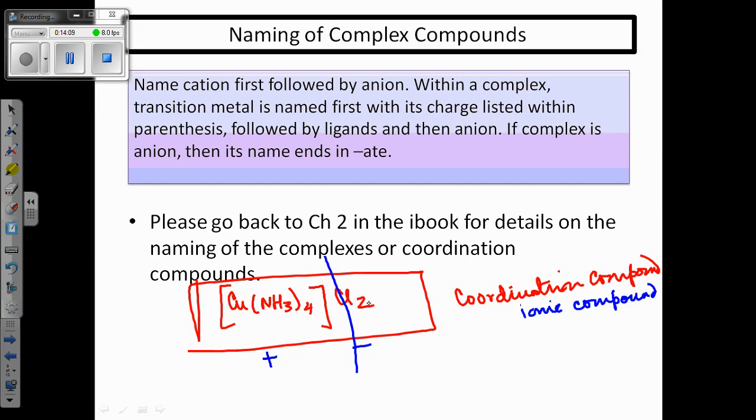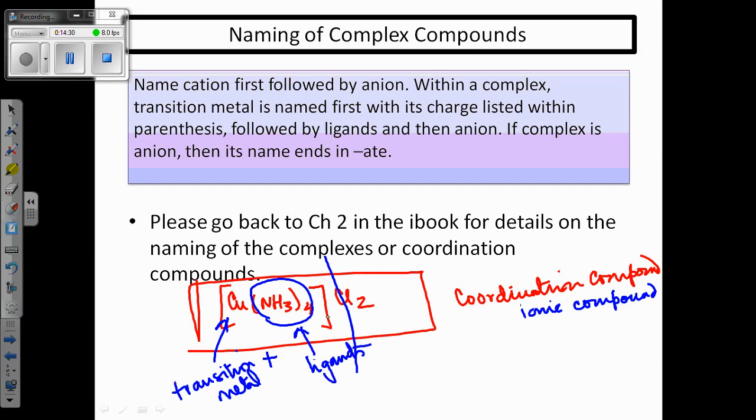Its anion is a monatomic anion, but the cation is a complex cation, where you have some small groups called ligands attached to a transition metal cation.